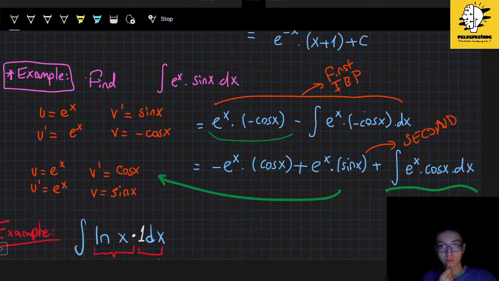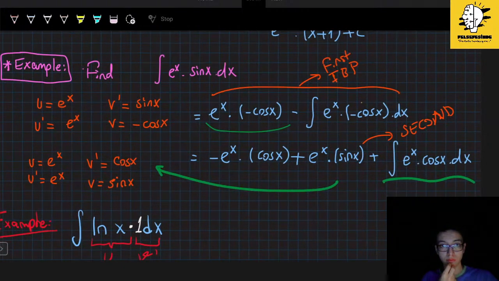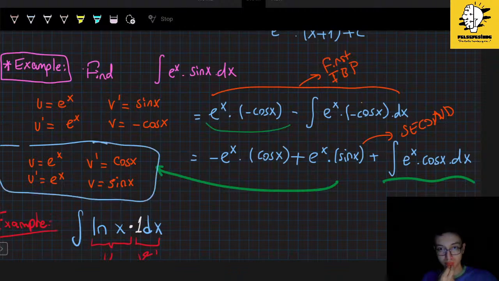It is when we apply the second integration by parts. And when we apply the second integration by parts, we do another set of these, like u and v. And then we have minus e^x times cosine x. We have it from the first function. And then plus e^x times sine x plus e^x. It's not cosine x, it is sine x. Okay?